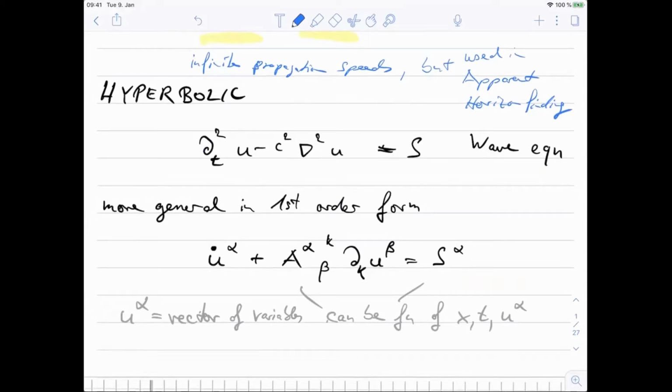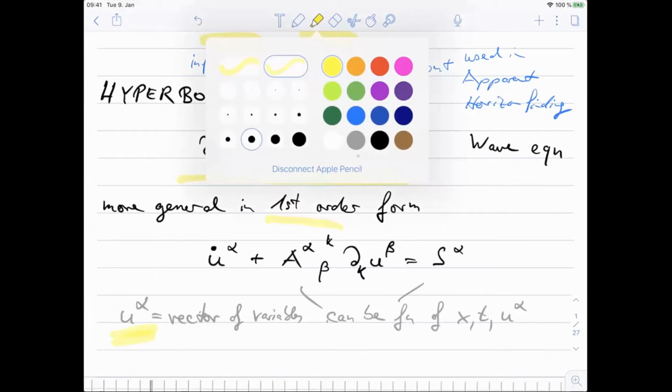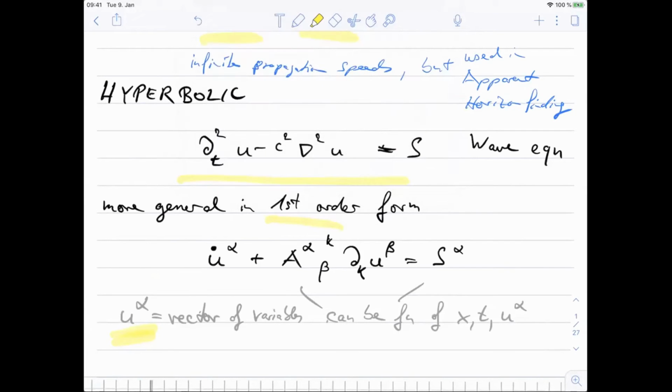With the prototypical example being the wave equation, second space, second time equations, or more generally, hyperbolic equations are most easily written down and analyzed in their first order form, where you have a vector of variables, u alpha, can be one variable, can be many variables, both is possible.